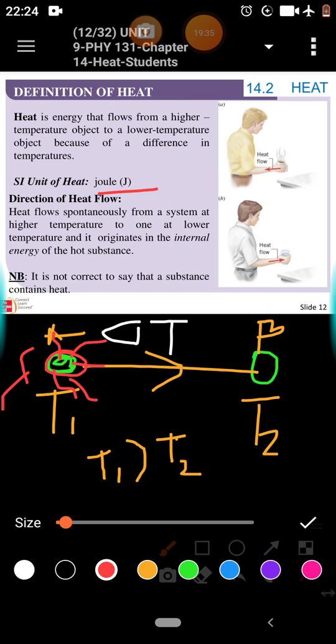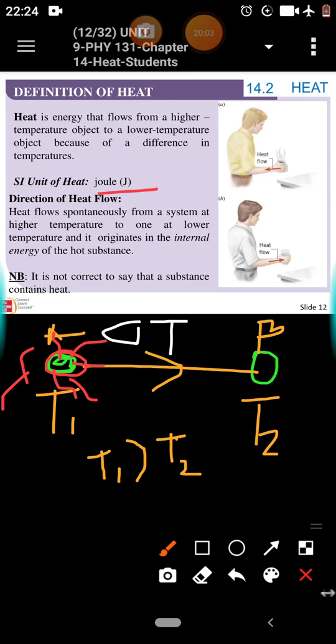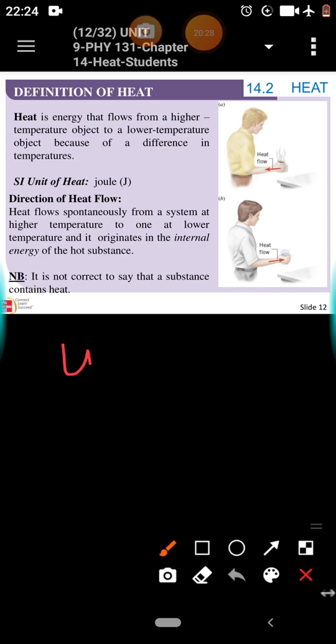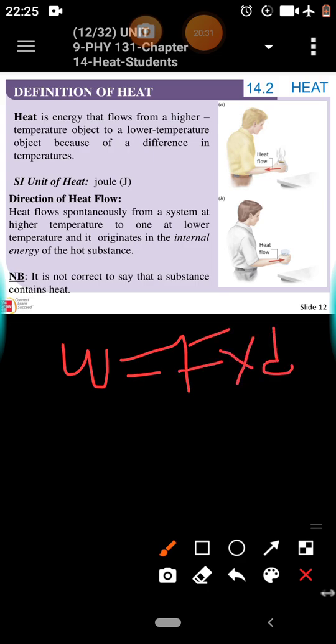Note, it is not correct to say that a substance contains heat. The substance contains internal energy, and heat is a quantity of energy transferred. Think of heat like work: you cannot say that an object contains work. But when a force is delivered through some distance, then we talk of work.